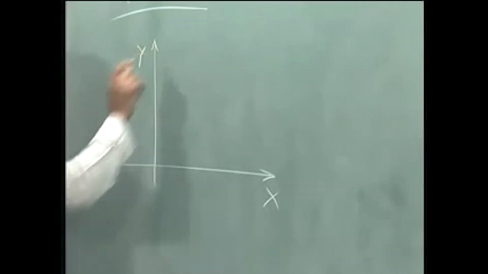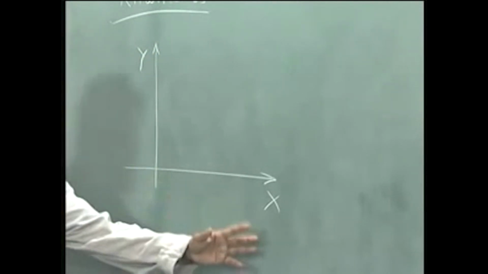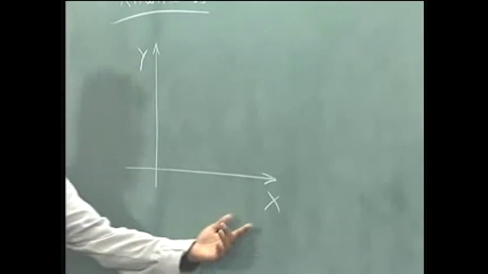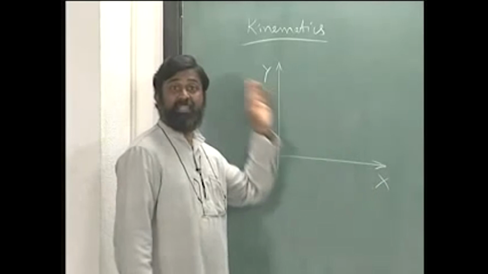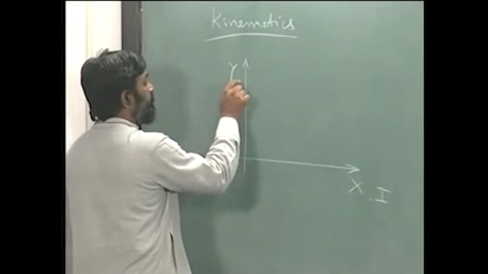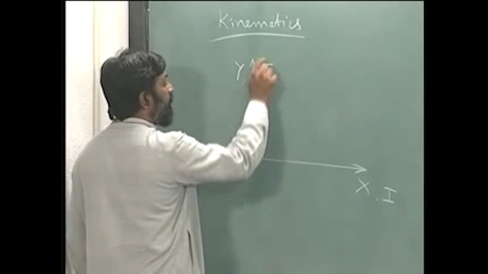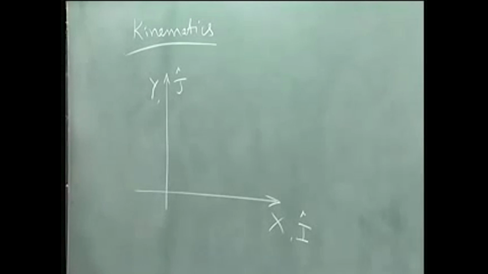In this particular set of modules, we will deal with fixed frame of reference and denote them with capital letters, capital X, capital Y, or capital I, capital J for the direction vectors, capital K, capital Z for the other direction.